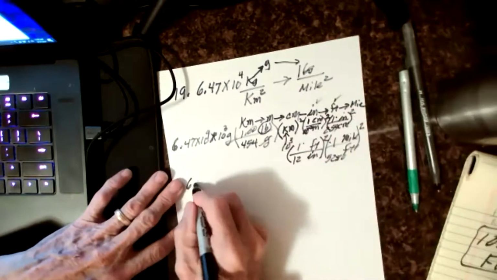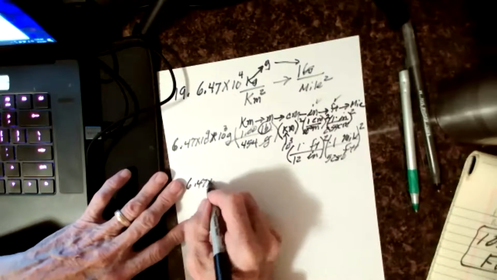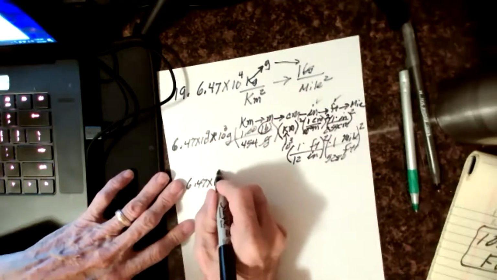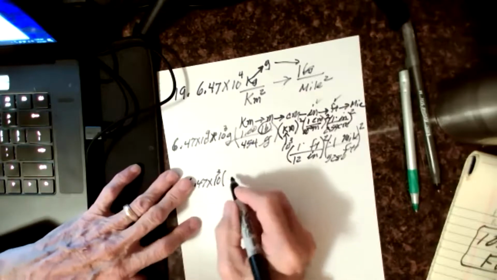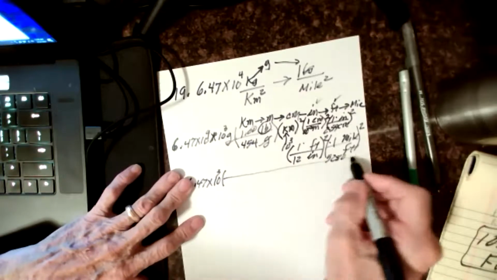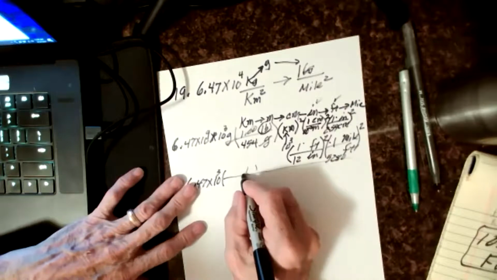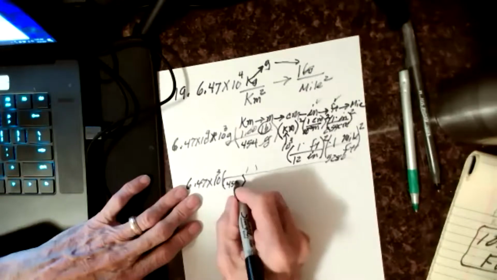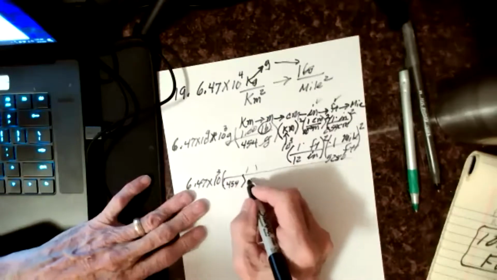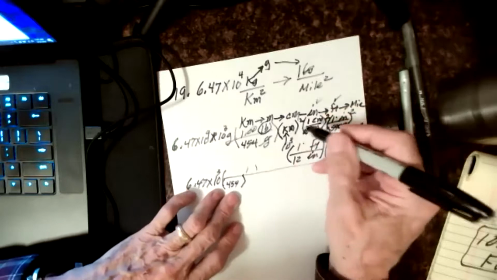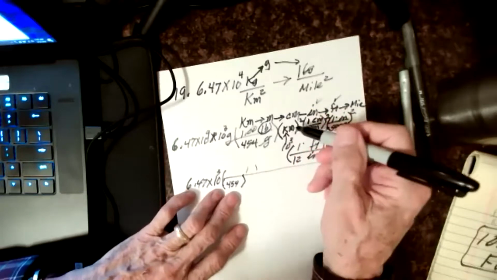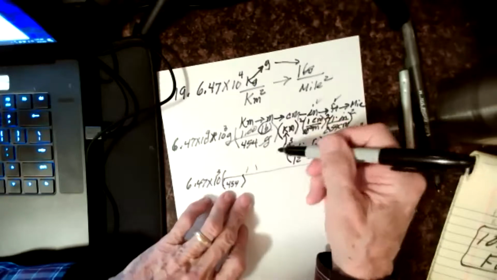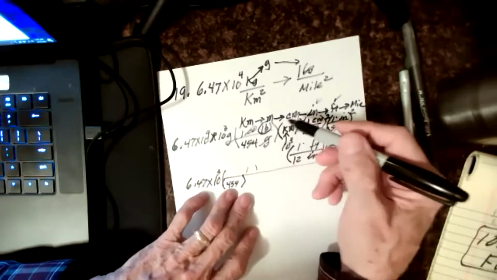So I've got 6.47 times 10 to the 4th, 10 to the 3rd is 10 to the 7th. And then in my numerator, all my factors down through here are ones, but in the denominator, this first factor is 454. My next factor, that was from the grams to pounds conversion.